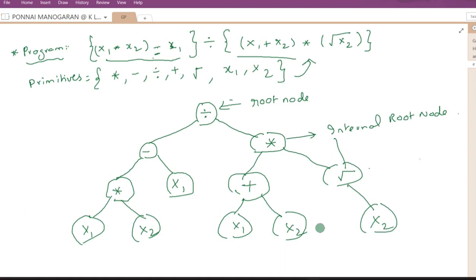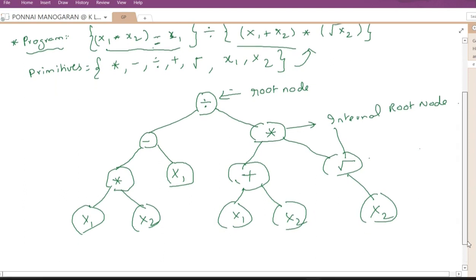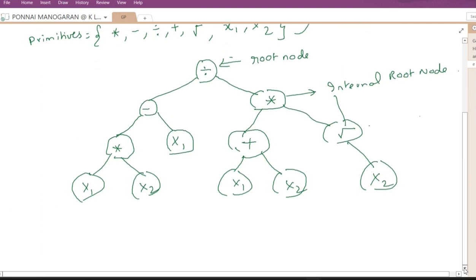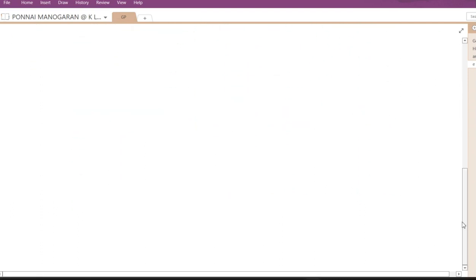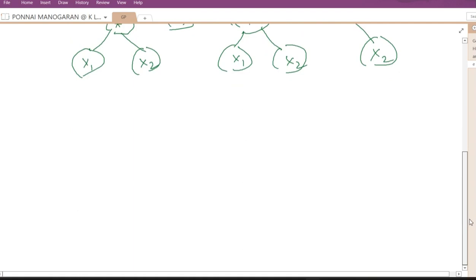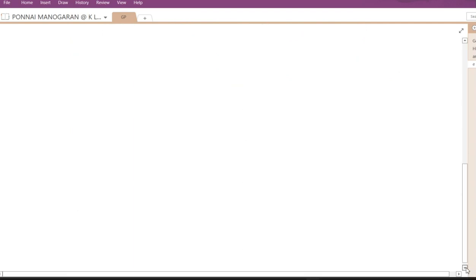So this is how a tree data structure is used for mathematical program representation. Okay, are you understanding? For your understanding, I will take another program and show how it is represented in tree format.